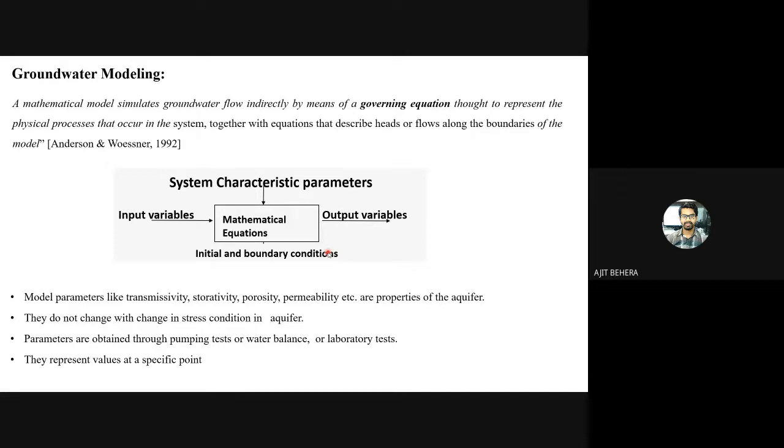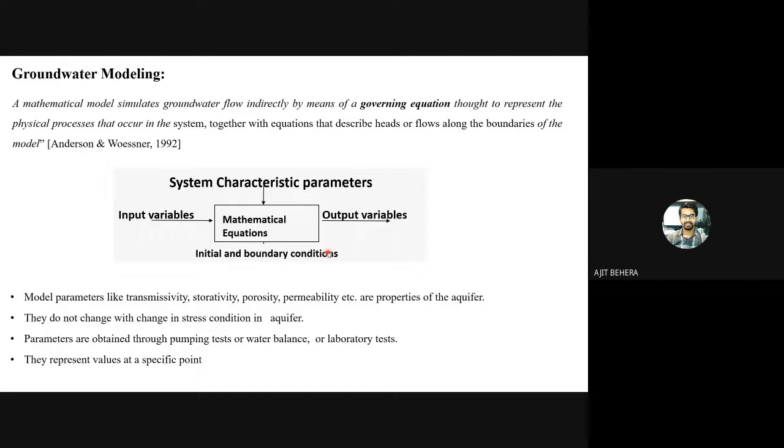So, as I have already told, we have this system, which is basically an aquifer system, and an aquifer system means we should have some parameters. These aquifer parameters are transmissibility, storativity, porosity, permeability. These are the aquifer parameters we require before developing a model.